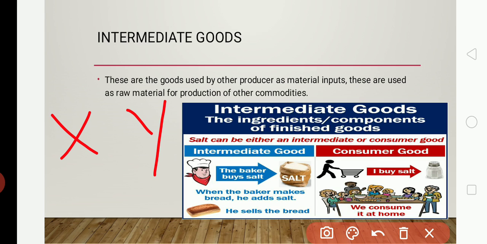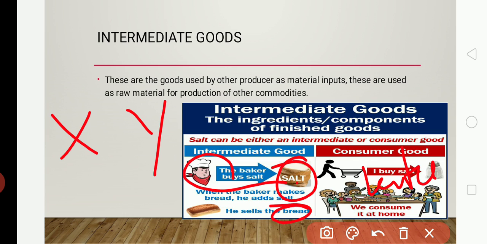Here, the salt. For bread, salt is required. Salt is used by the baker to bake bread. And the same salt is used by our households in the kitchen.